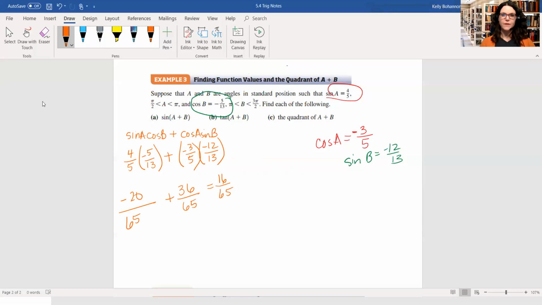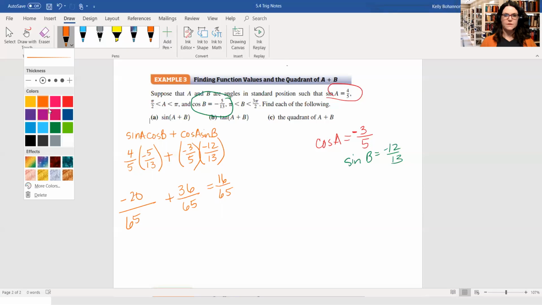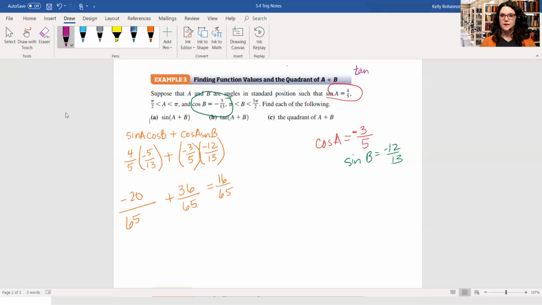All right, so now let's do tangent. I need to find tangent of A and tangent of B. So remember, tangent theta is the same thing as sine theta over cosine theta.